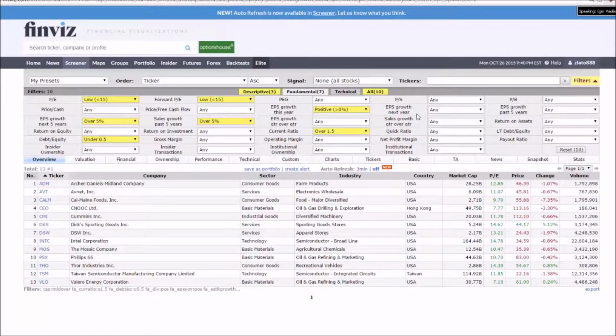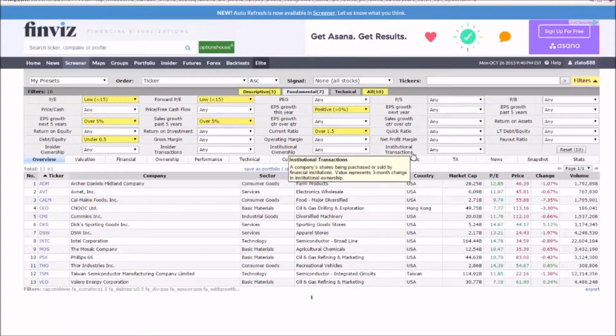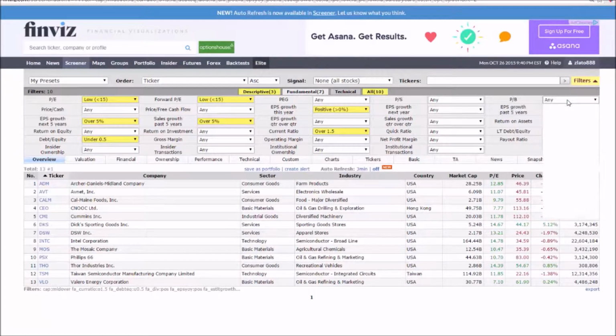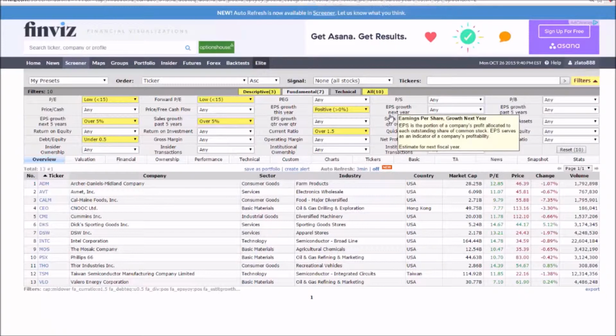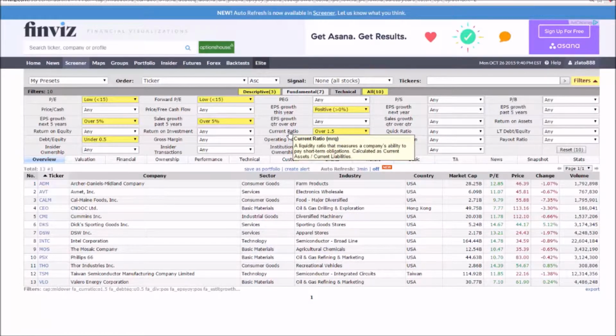Current ratio is when you divide your current assets by current liabilities, and the higher the difference, the better.